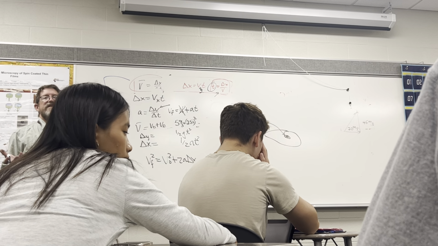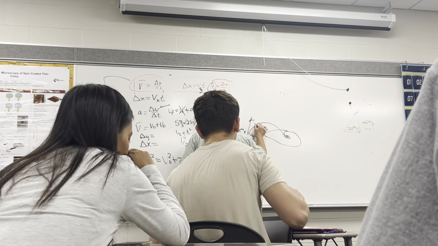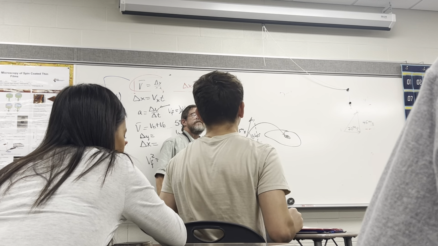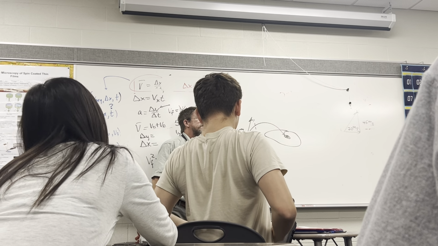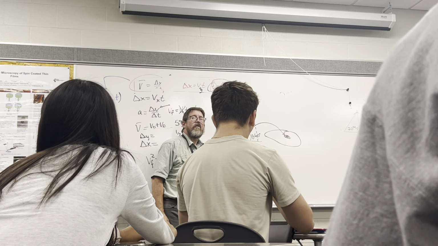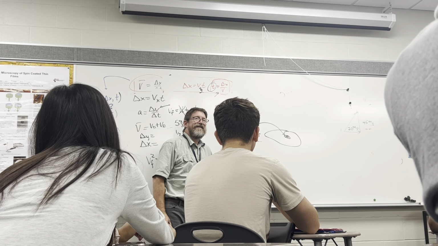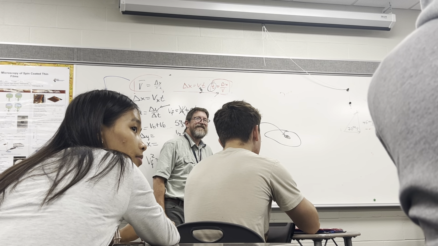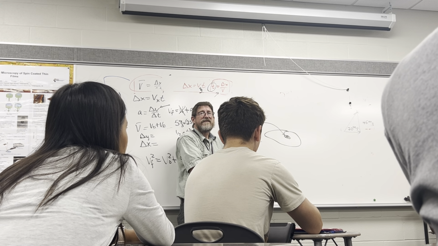What's the horizontal velocity? What's the vertical velocity? How do you find the horizontal velocity? What's the other name for horizontal velocity? Horizontal velocity, X. Yeah, piece of X. That side right there.